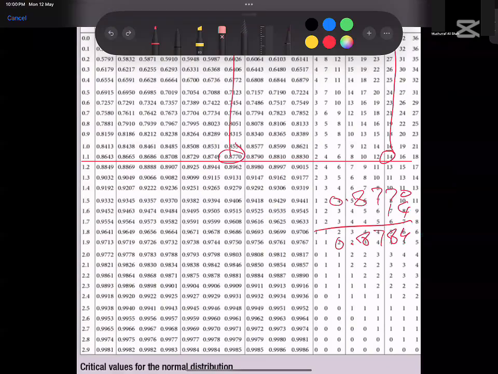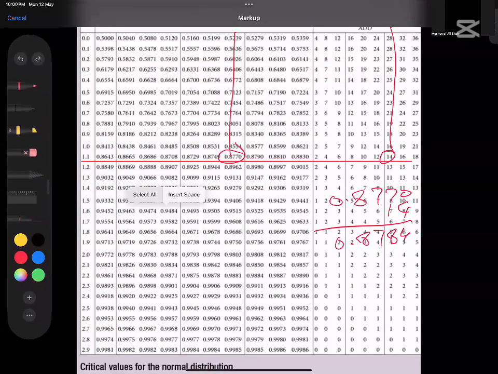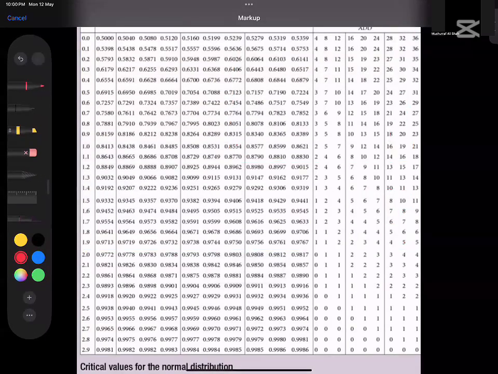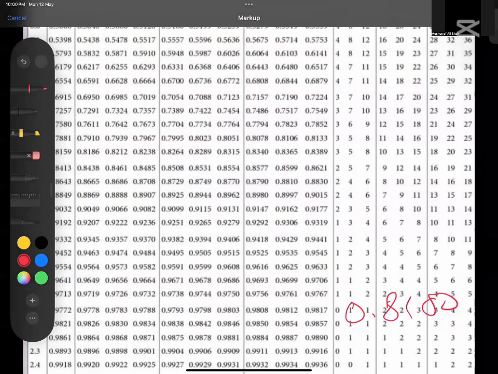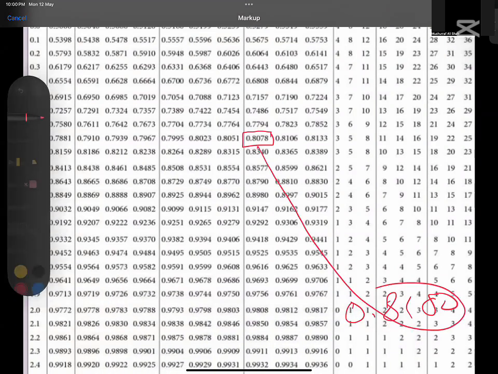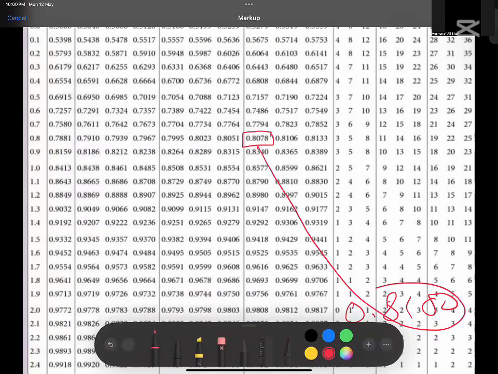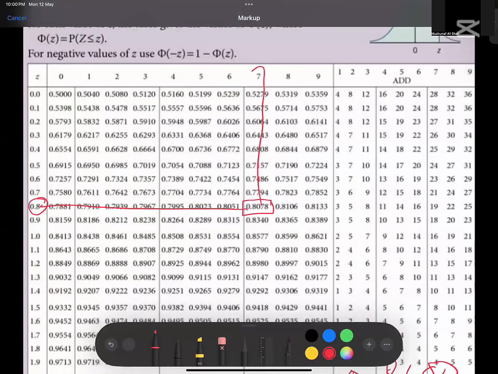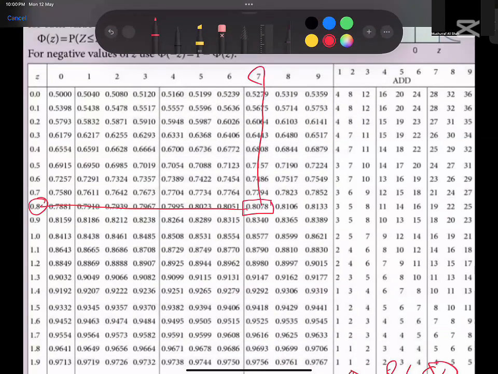So basically I'm looking for 0.81, which is 0.81 with double zero. Check where the number matches 0.81. This is smaller than this number. From the left side I got 0.8, and from here 7, and I'm looking for 81.